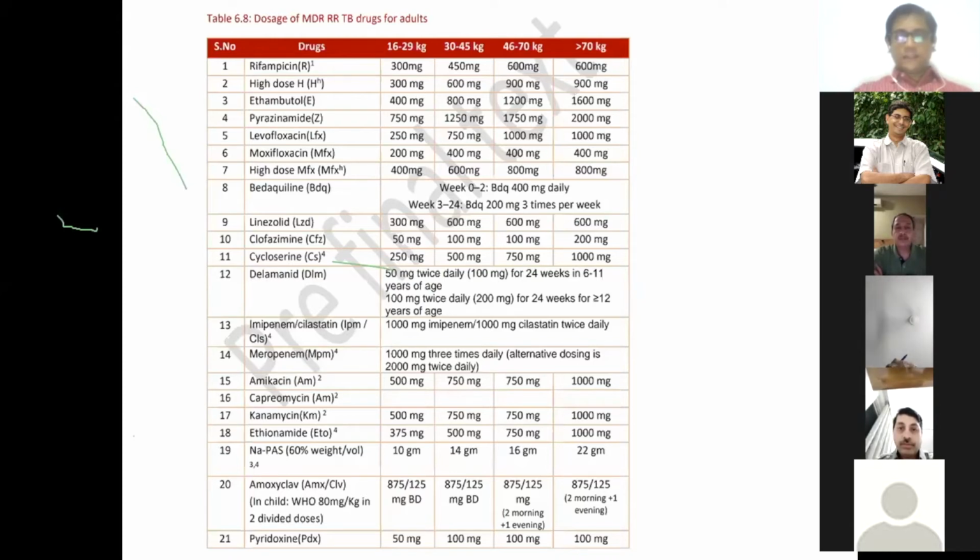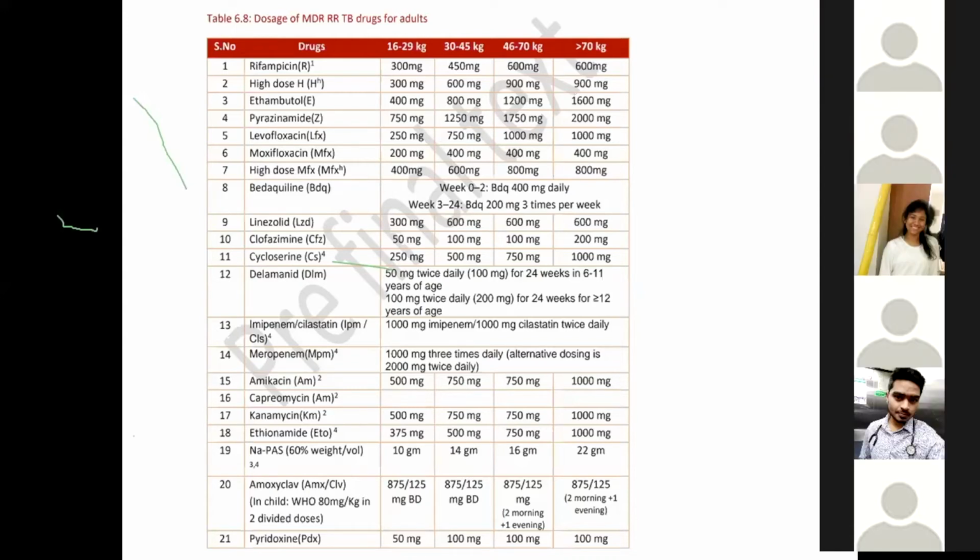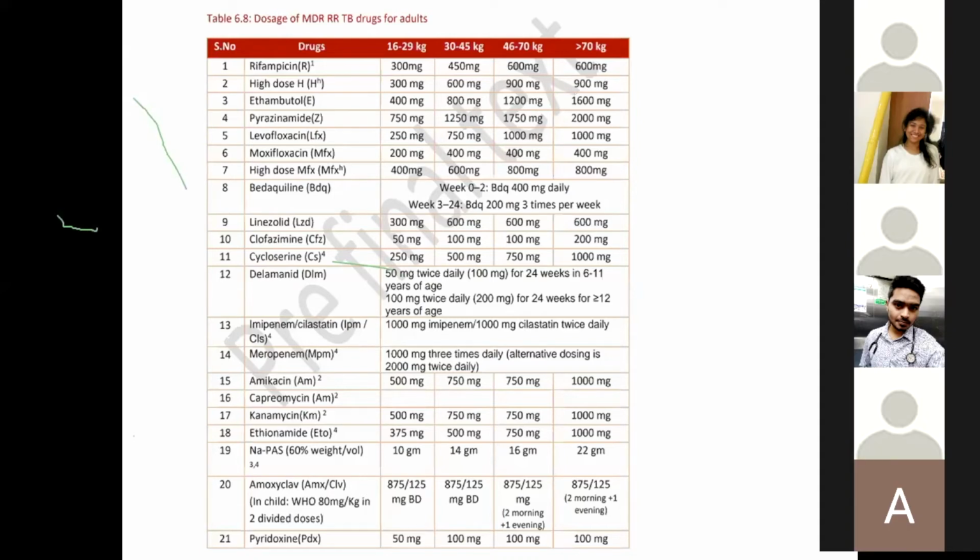And for the usual regimens to be formulated, the usual MDR or rifampicin resistant, the WHO has divided the drugs into group A involving the quinolones, group B with the second line injectables, group C with the core second line drugs like ethionamide, cycloserine, linezolid, and clofazimine, and then group D has three subgroups. D1 has pyrazinamide, ethambutol, and high dose isoniazid.